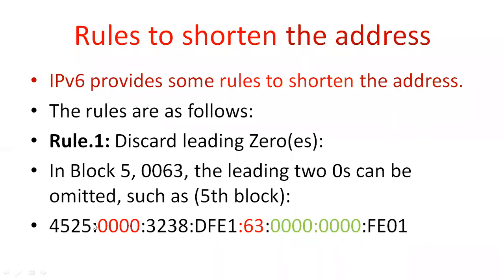So 0063 is represented as only 63. If you have leading zeros, you should remove the leading zeros for the block or group. That is one rule.